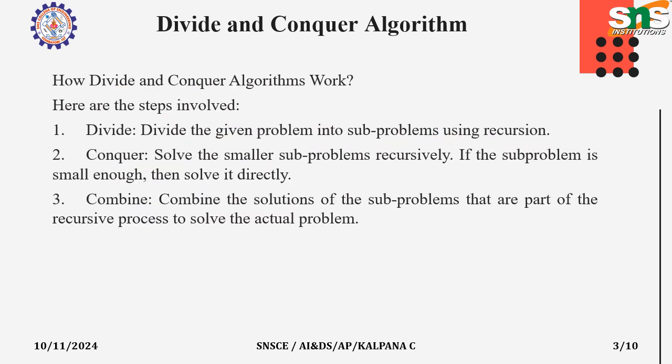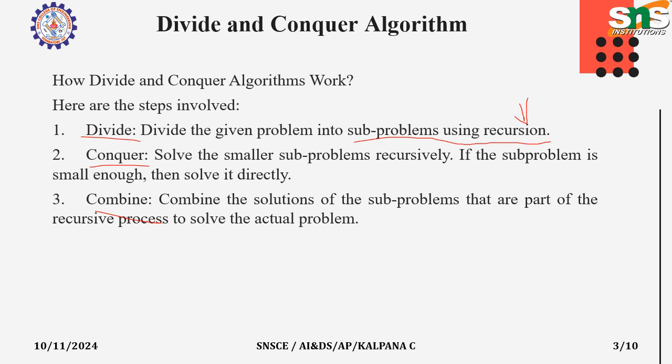So how does it work? These are the steps involved: divide, conquer and combine. Divide the given problem into subproblems using recursion. Here we are going to use the technique called recursion, because we are going to perform operations repeatedly.